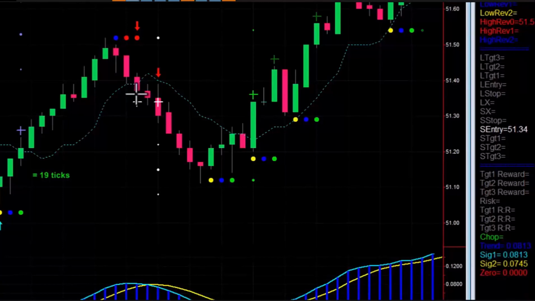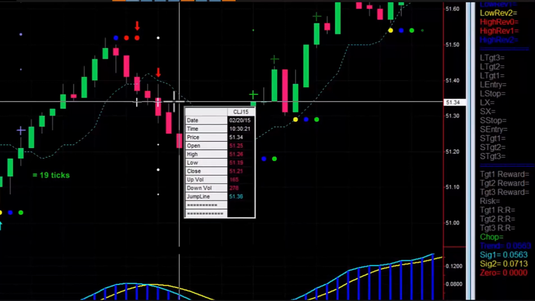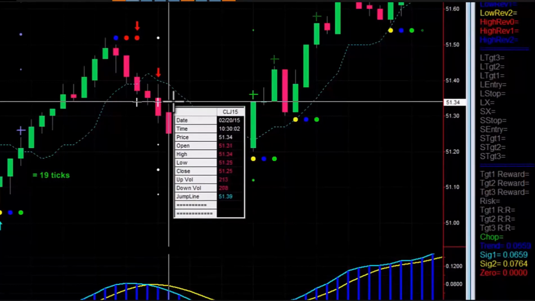Okay? We don't get confirmation until 2 bars over. Notice that when we get confirmation, the bar is already down to here. Okay? We can miss this trade unless the price pulls up and hits the entry. Here it hit the entry.